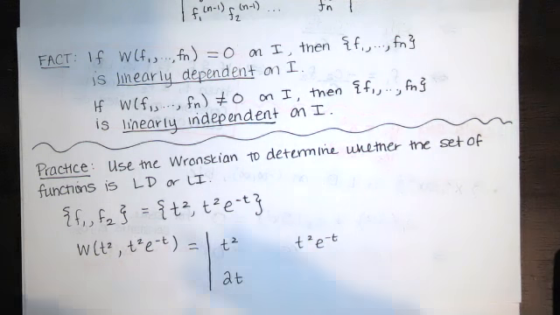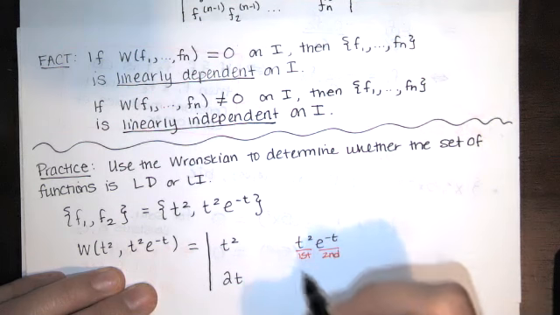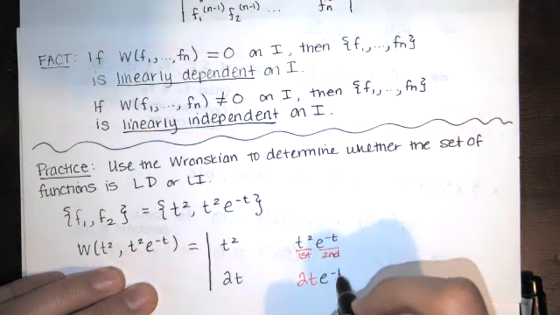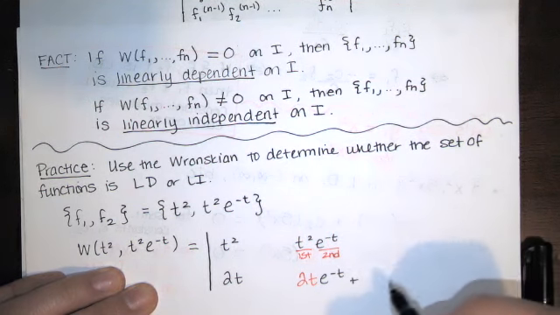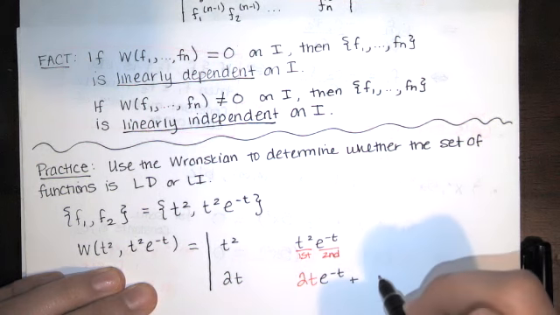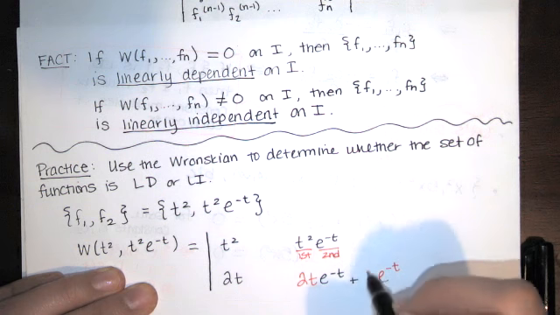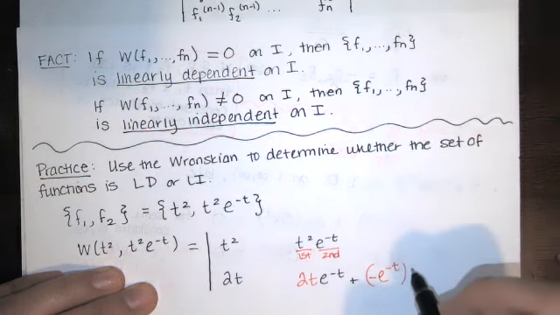The product rule says, if this is my first function and this is my second function, we'll take the derivative of the first and multiply by the second, and then add the derivative of the second. Derivative of e to some power is e to that power times the derivative of the inside by the chain rule. That's the derivative of the second, and we multiply it by the first.